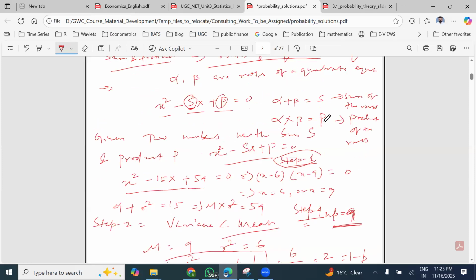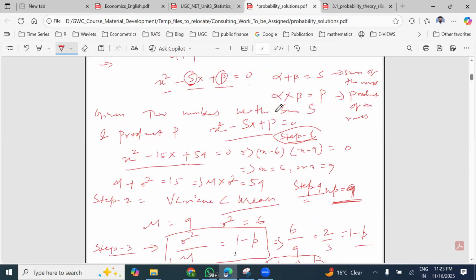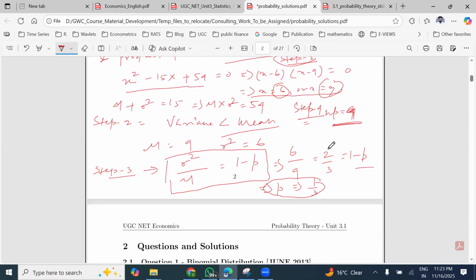Because if you see the previous one and here I have written. Step number 1: if it is written sum and product, you should get 6 and 9, the roots, while reading the question. Step number 2: in the case of binomial distribution, variance will always be less than mean, so you can cross verify whether your calculation is correct.